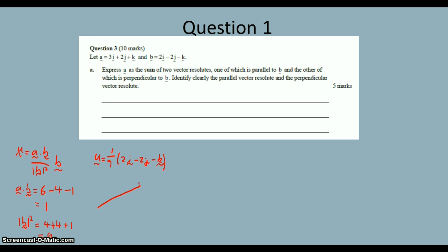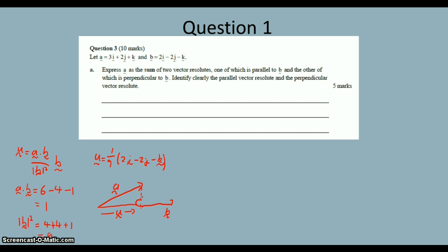So here, imagine if we have vector A, and this is vector B. Vector U is the projection of A onto B, which would be that vector there.